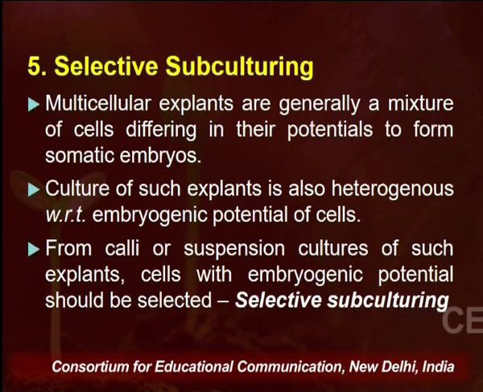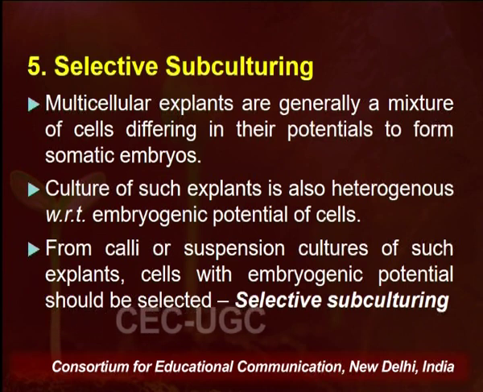Obviously, if we are culturing a multicellular explant under in vitro conditions, the culture which we develop will have a heterogeneous nature in terms of the capacity of the cells to develop into embryos, and therefore selective subculturing is always recommended to increase the chances of successful somatic embryogenesis.